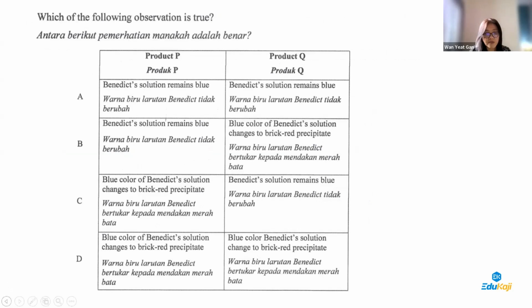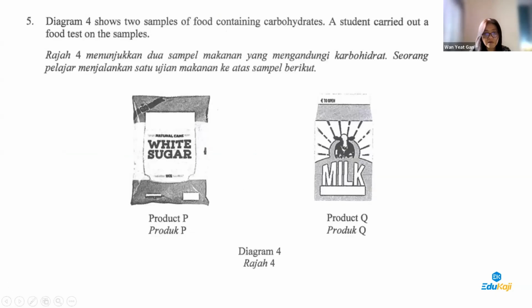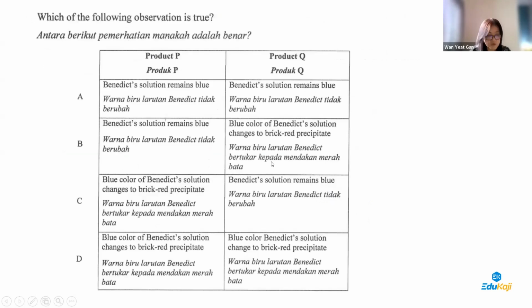So product P is sugar, which is carbohydrate, glucose, and product Q is milk, which is protein. For glucose, you use Benedict solution.